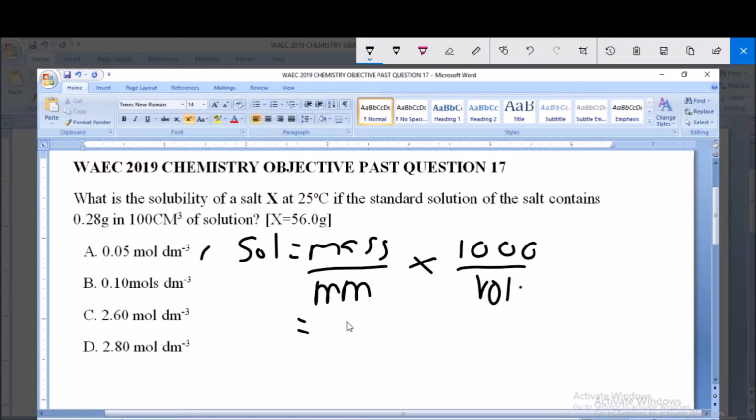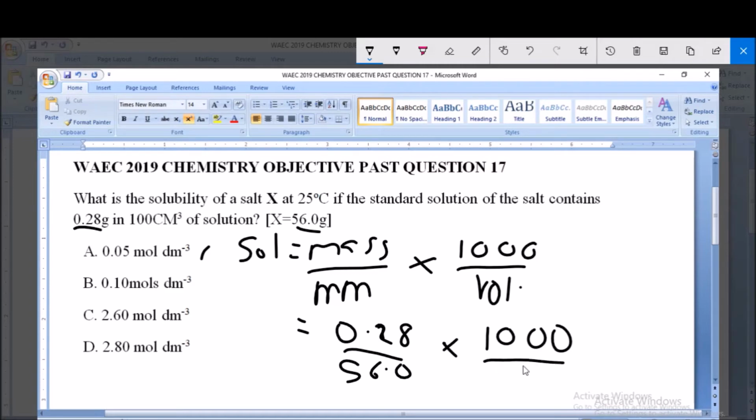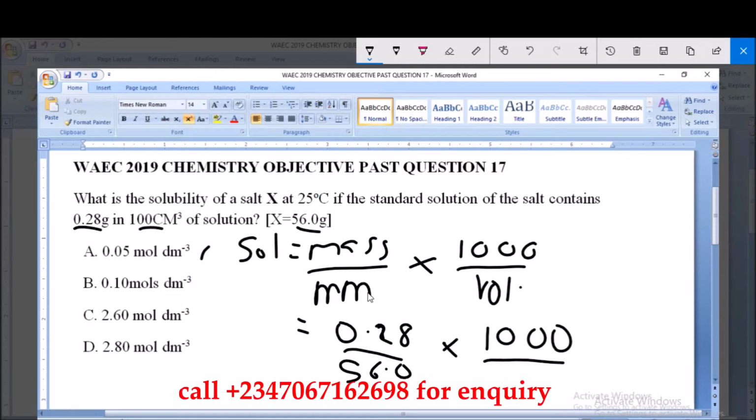Now, the mass is 0.28 grams, so that is 0.28 divided by the molar mass, which is this, X equals 56 grams, that is 56.0, multiplied by 1000 over volume, which is 100 cm³, so that is over 100.